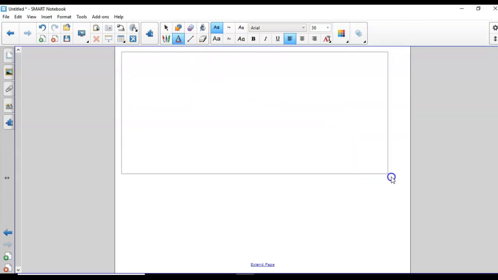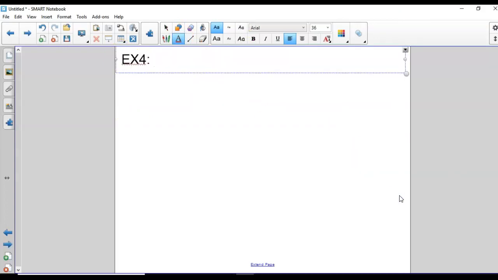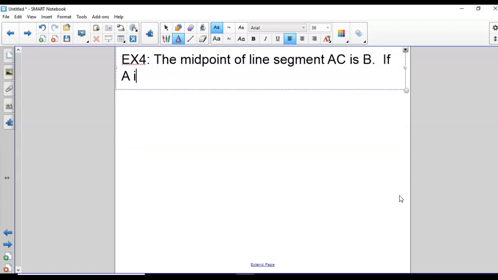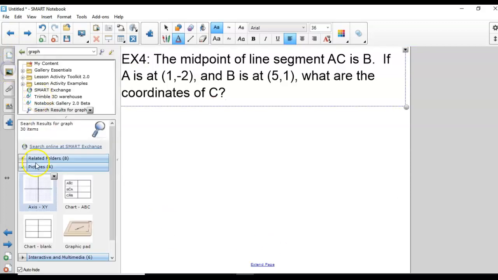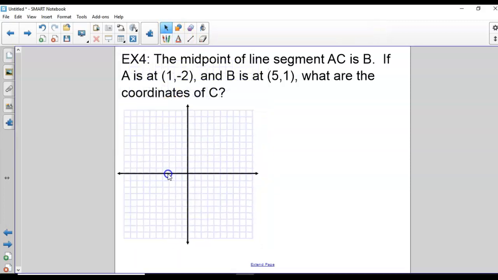You can turn it over on the back if you ran out of room. To write this one down, this will be our last one for today.